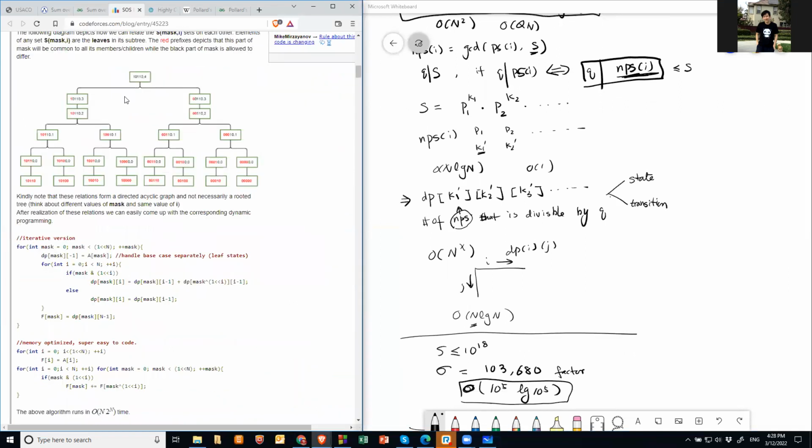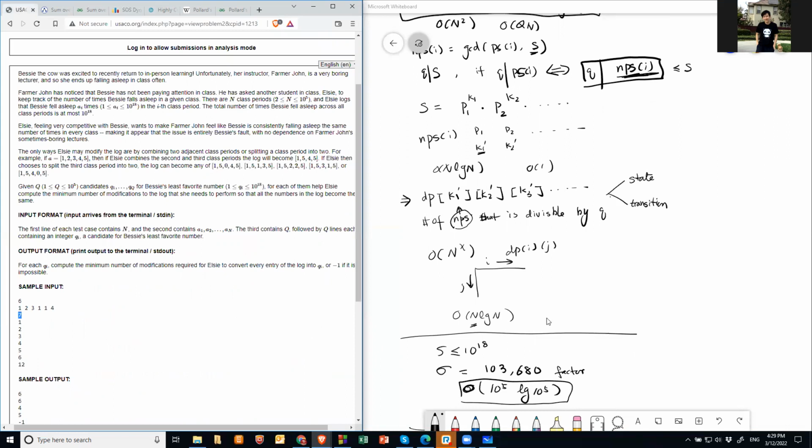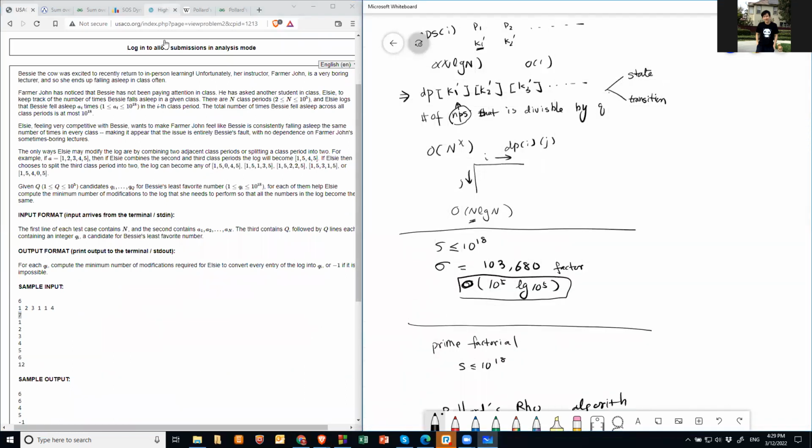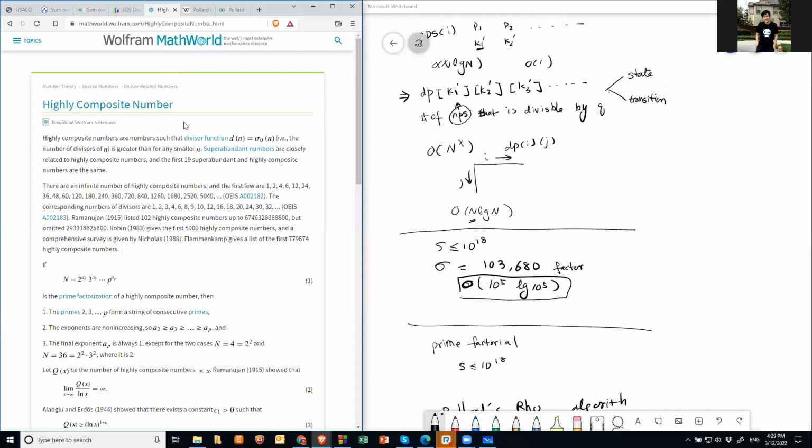Basically, you convert that into a tree. And we all know a tree is n log n. I mean, this n is not the number of n there, okay? And by using the highly composite number estimation, we know this n is 10 to the power 5, right? So that is good enough.